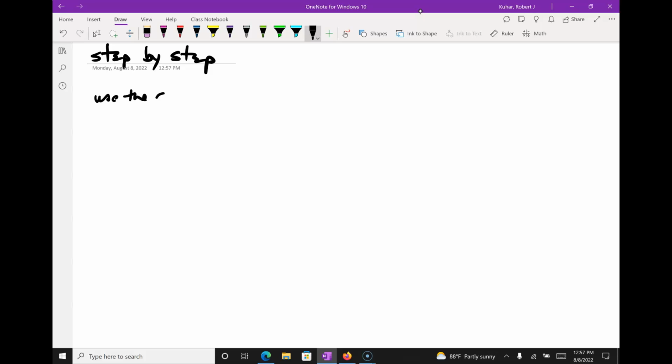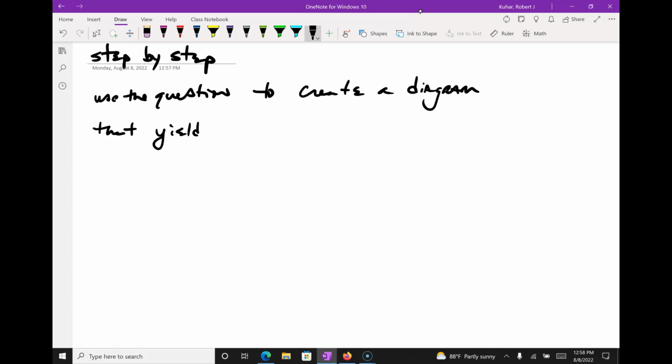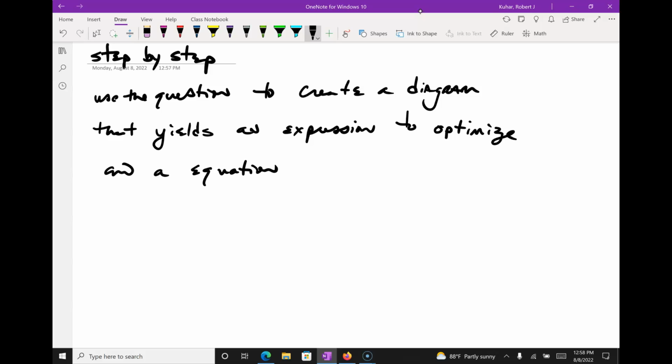Use the question to create a diagram that yields an expression to optimize and an equation to help.